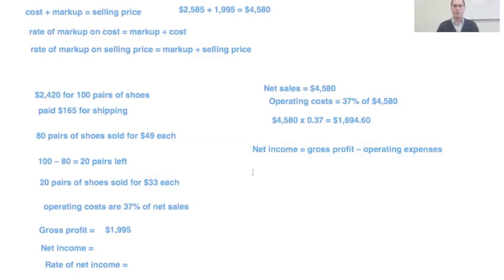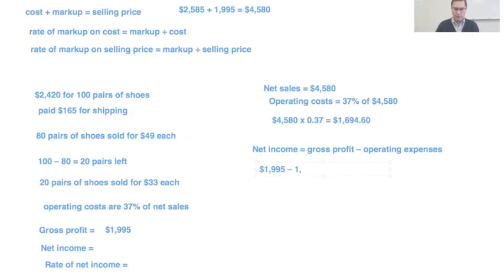We already figured out the gross profit is $1,995. We just figured out what the operating costs are. I just noticed I have it two different ways here. Operating costs, operating expenses, two ways of saying the same thing.